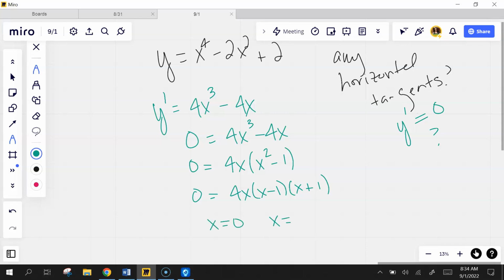At 0, at 1, and at negative 1. Graphically, that makes sense if it's a quartic, right? A quartic might look something like this. Would it make sense that I would have 3 horizontal tangents on this one? 1, 2, 3. But how much quicker and easier was that, right? I just think that's beautiful.